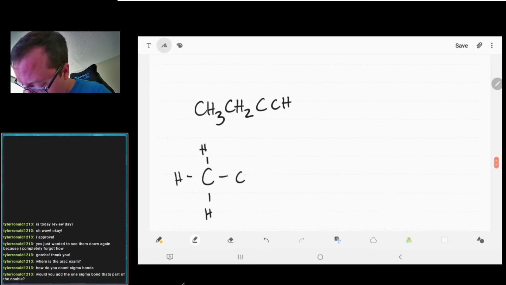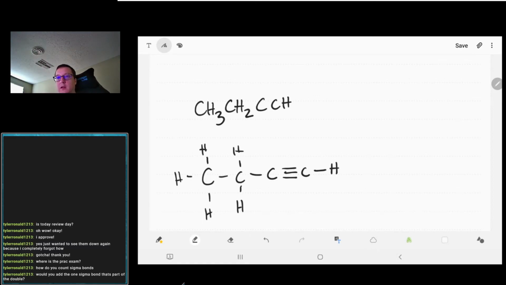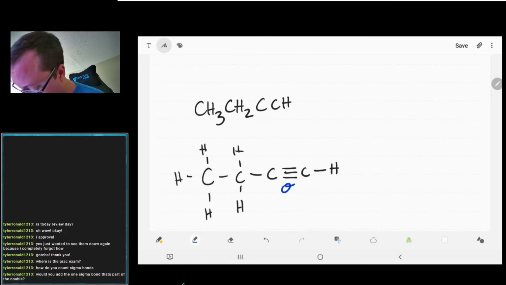If we look at these carbons, they don't have enough bonds, so we would need to give them the extra bond. Yeah. So, well, let's look at this one. So we have a triple bond here. That's 1 sigma and 2 pi's.